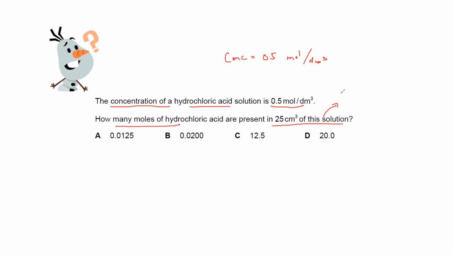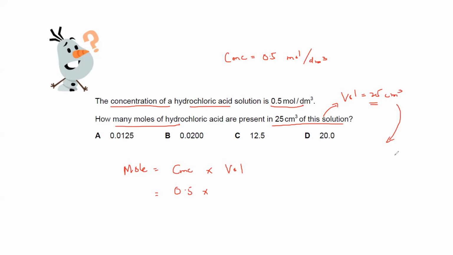So volume is given, that is 25 cm cube. So the formula which relates concentration and volume: moles equal concentration multiplied by volume. The concentration is 0.5 and the volume is 25, but that's in cm cube.